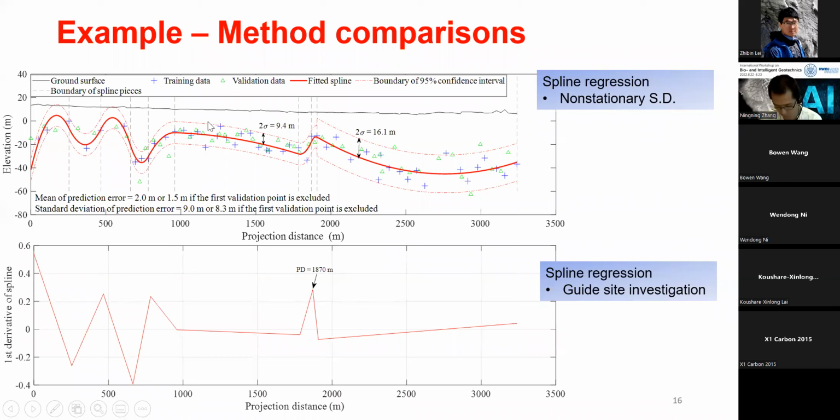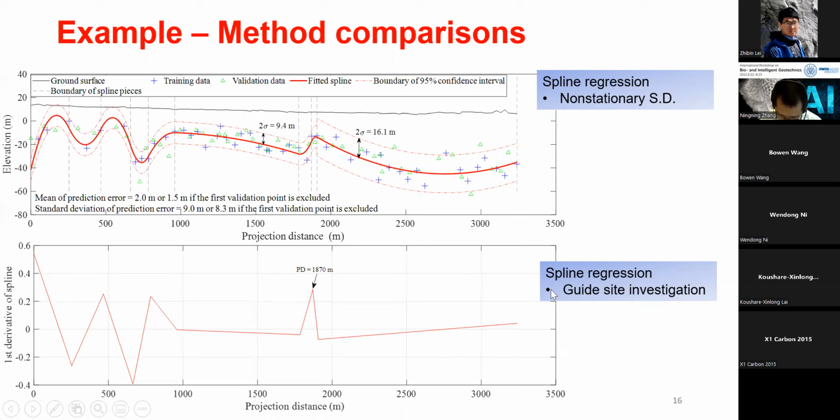For example, in the central part there is more borehole data, while on the right-hand side there is less borehole data. Correspondingly, the uncertainty, denoted by the prediction standard deviation, is wider than in the central parts. And this is another advantage of the spline regression methods.